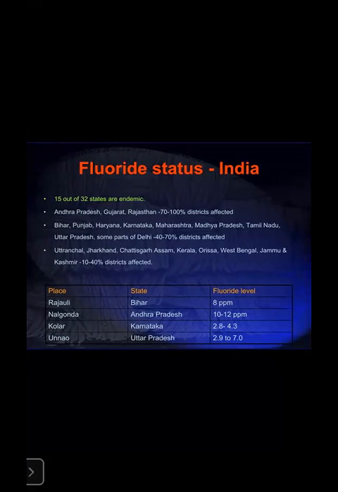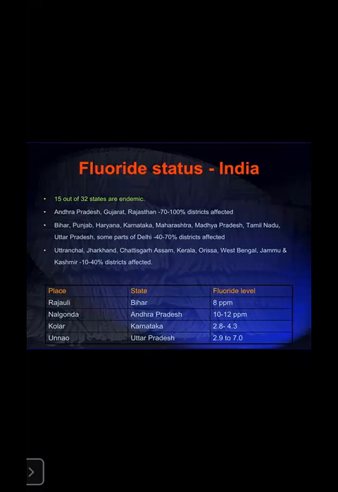This actually, we are talking about the fluoride status in India now. You can see that out of 32, around 30 states are endemic, means they contain high fluoride, especially Andhra Pradesh, Gujarat, Rajasthan. 70 to 100% of districts are affected.